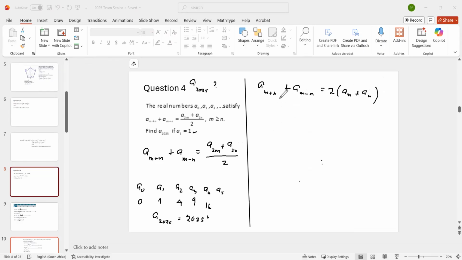All right. Now, if I make n equal to 1, then these two numbers are quite close to each other. So you have a_(m+1) plus a_(m-1), and here you've got 2 into a subscript m plus a_n, and n equals 1, so a_1 is 1.